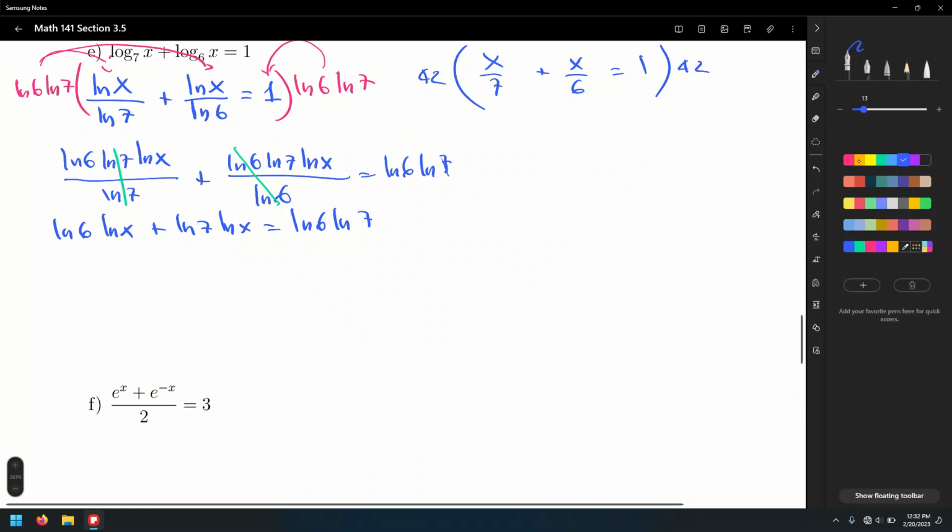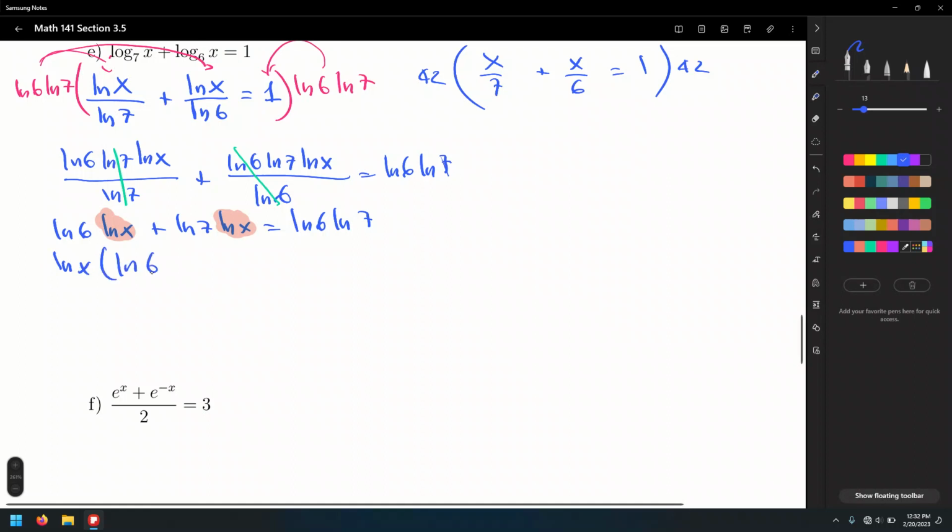So in the meantime, let's see what's going to happen here. Check this out. This ln of x, notice how it is a common factor on both terms. So what we're going to do here is factor it out. Factor out the ln of x.